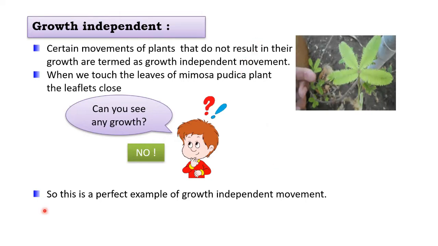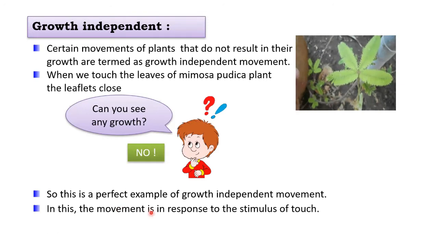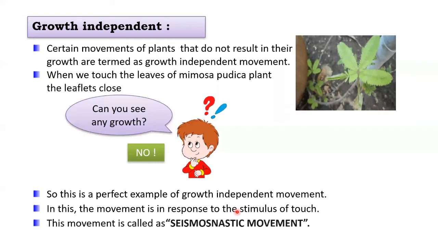Let's talk about it more. The movement is in response to the stimulus of touch, as I have already told you, and this movement is called seismonastic movement. Growth independent movements are called nastic movements. In the name seismonastic movement you can see the word nastic, right?